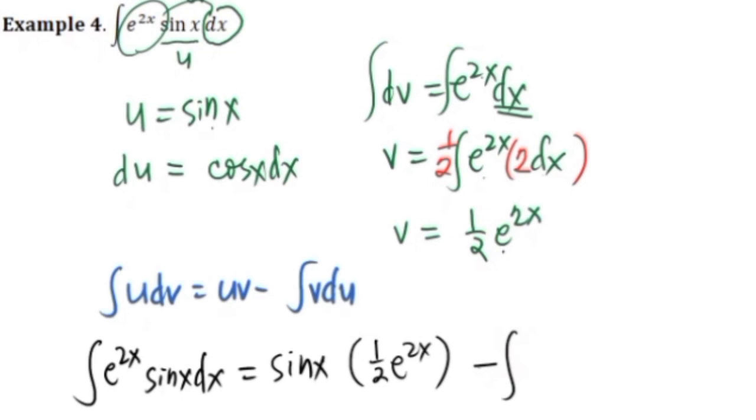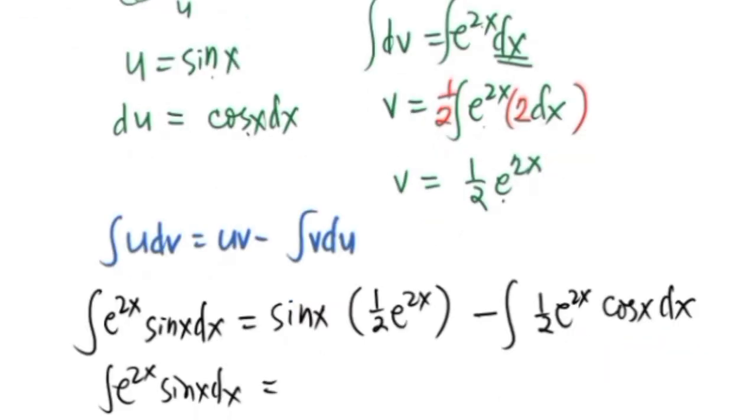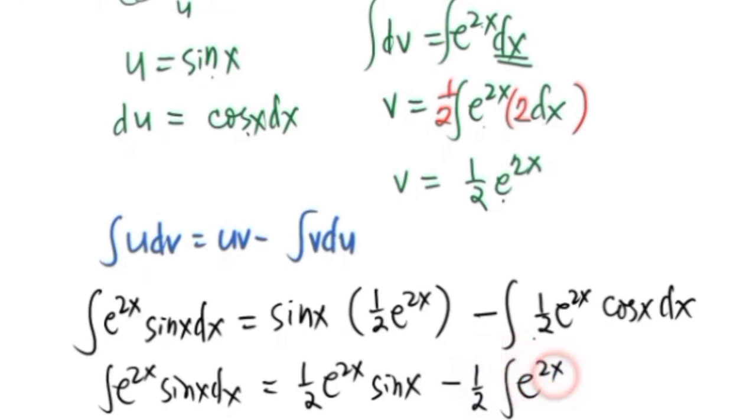Your v is 1/2 e to the 2x, and your du is cosine x dx. And in here we have 1/2 e to the 2x sine x. So lalabas natin si constant. So we have 1/2 integral of e to the 2x cosine x dx.